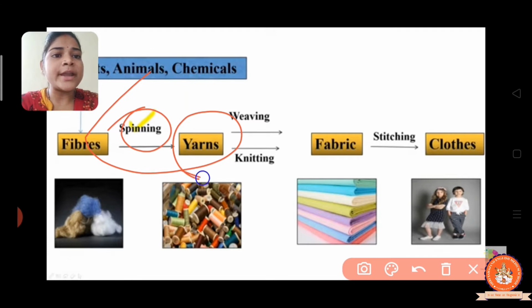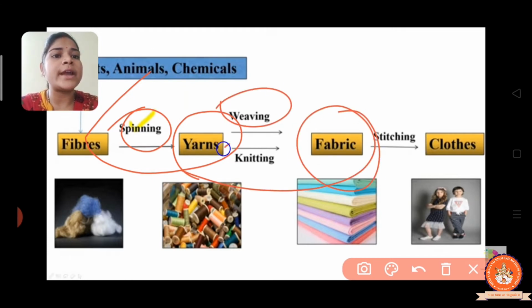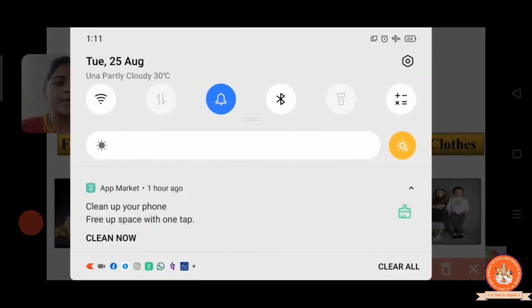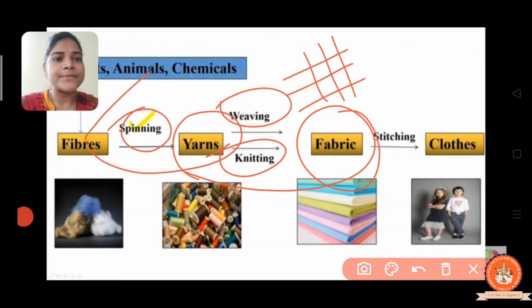Now the yarn is converted to fabric through the process of weaving and knitting. Weaving is the thread arranged in horizontal and vertical lines. Now knitting is bunai, done manually or by machine.